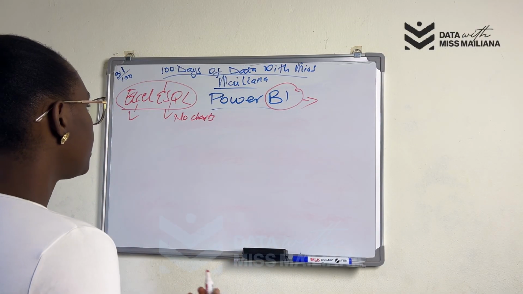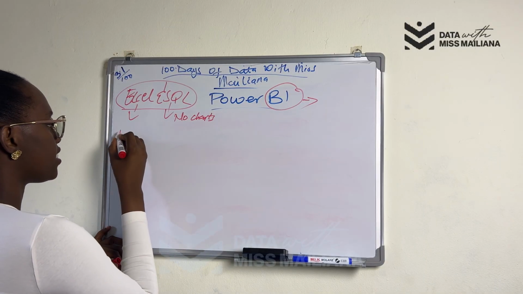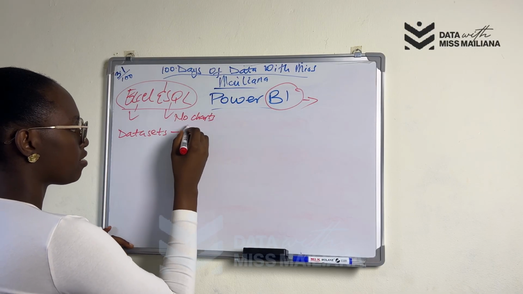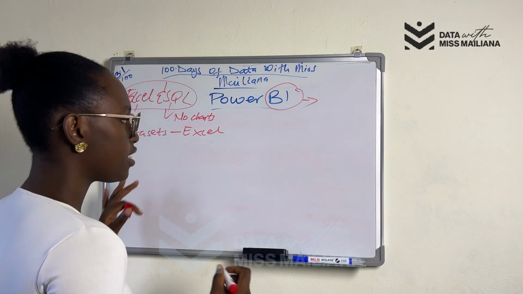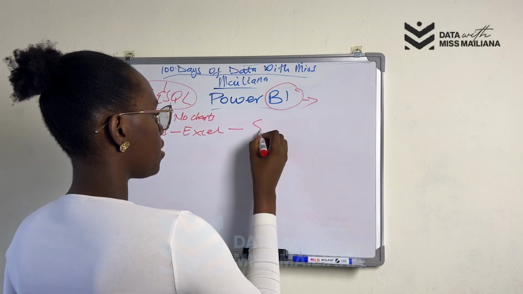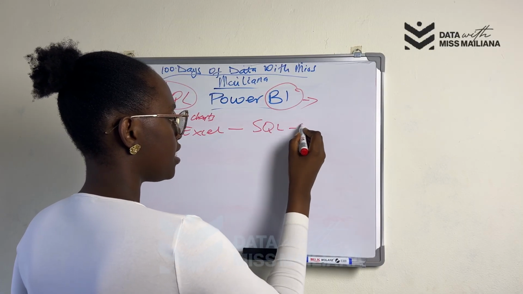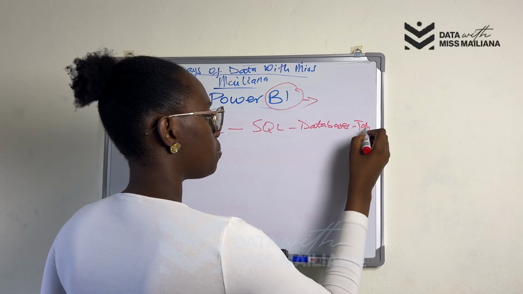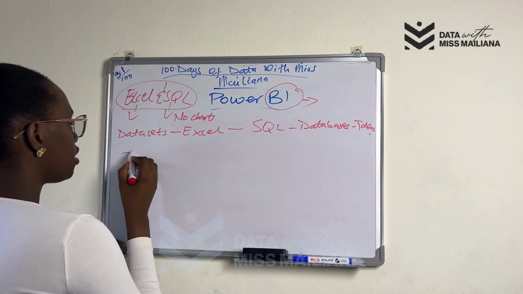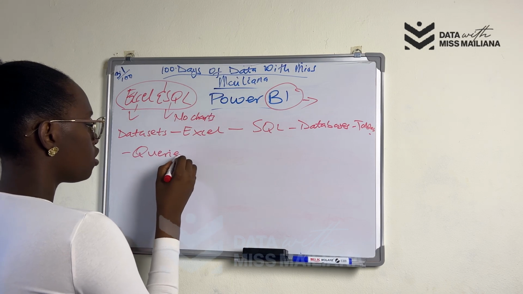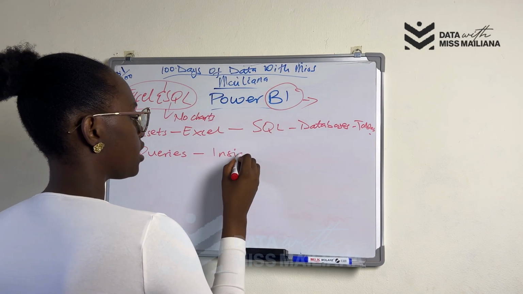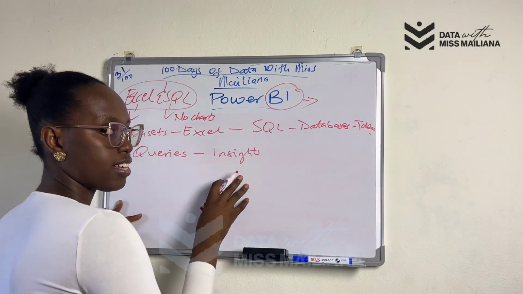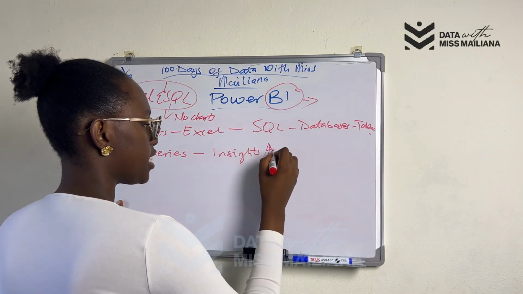So when you get a data set that is stored in Excel, you transition it into SQL, creating a database with multiple tables. Then you use queries to answer questions and get the insights or analysis that you're looking for.